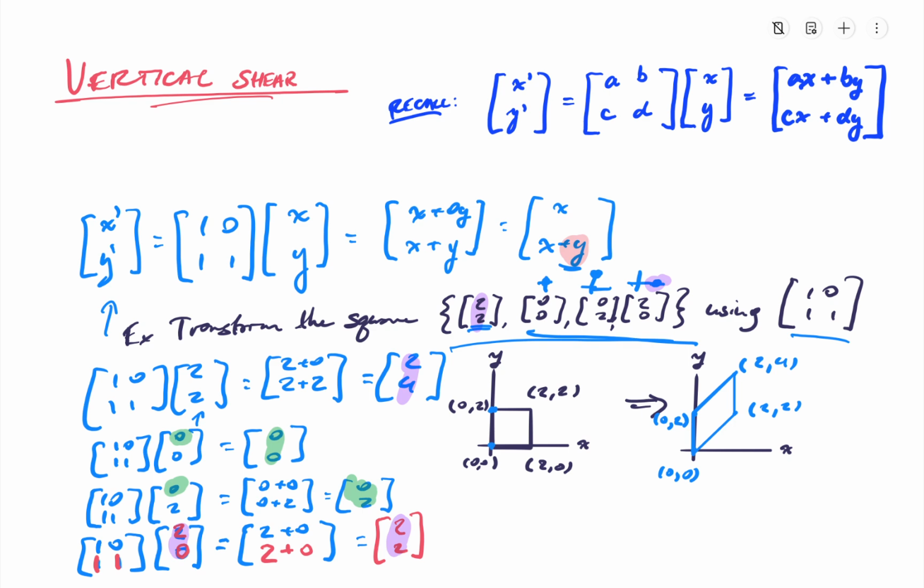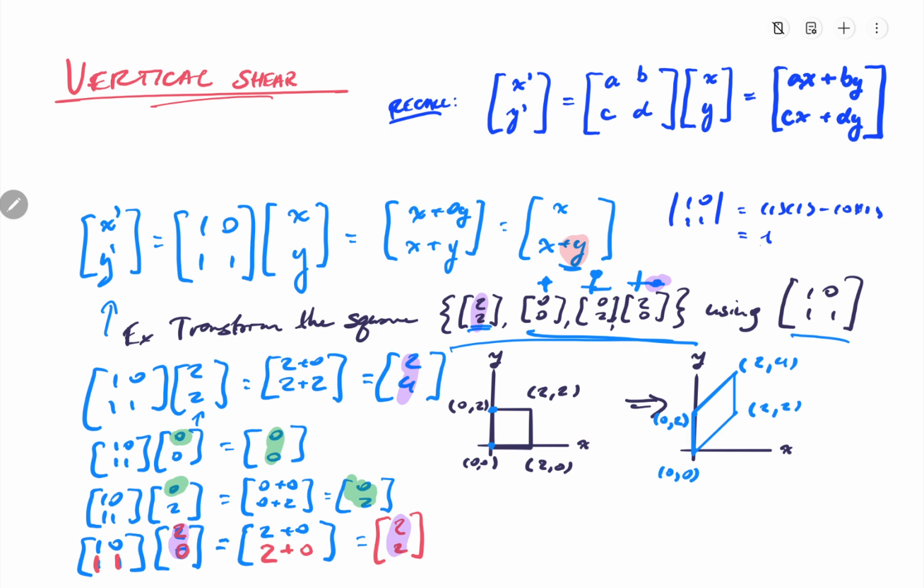So let's look at the determinant of this matrix again. So the determinant of 1, 0, 1, 1 is equal to 1 times 1 minus 0 times 1, whatever.